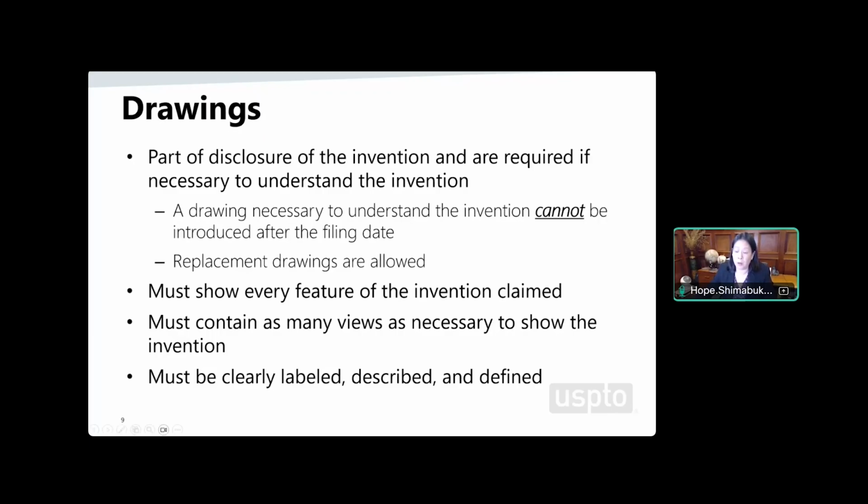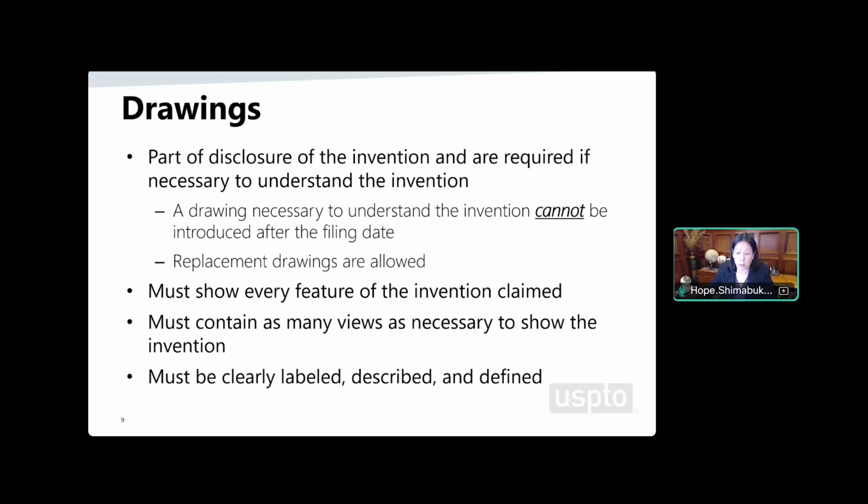Drawings are very helpful tools to explain your invention to both the examiner and the public. And it's important to know, if you did not include the drawing at the time of the filing, you can't add it later. You can make amendments or modifications to a drawing that is already existing there, but you can't add a drawing even if you accidentally omitted it.